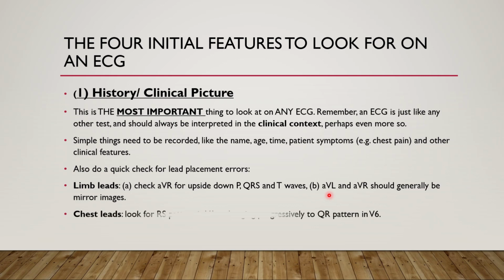One quick method is to check lead aVR for an upside down P wave, QRS complex and T waves, with opposite P, QRS and T waves in lead aVL, which means that it is a normal lead placement. Also, you should look at the chest leads for R wave progression.